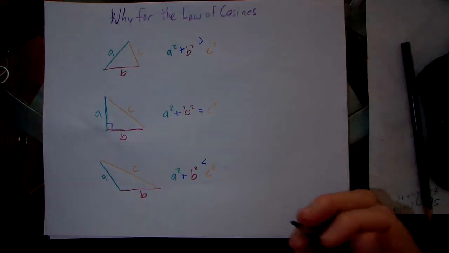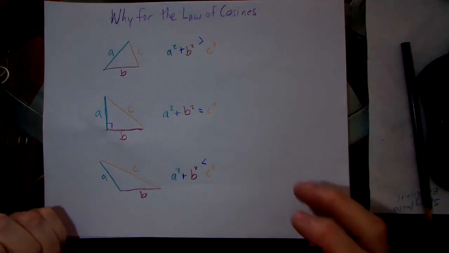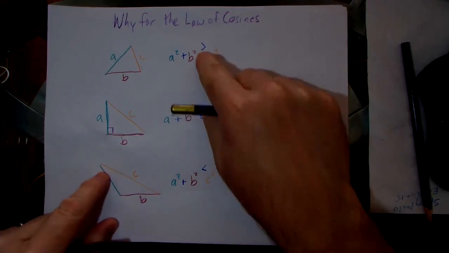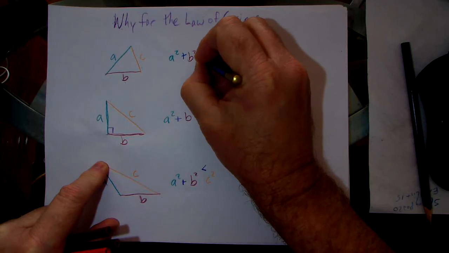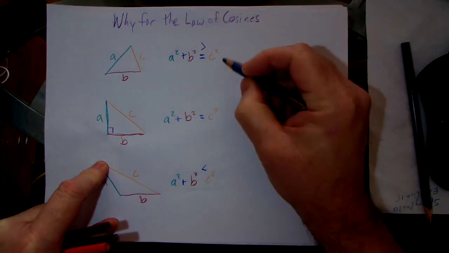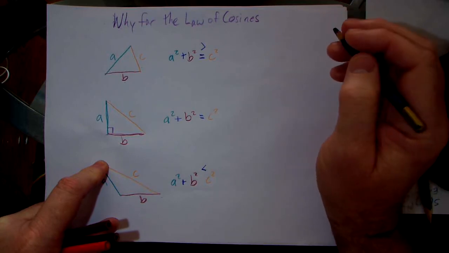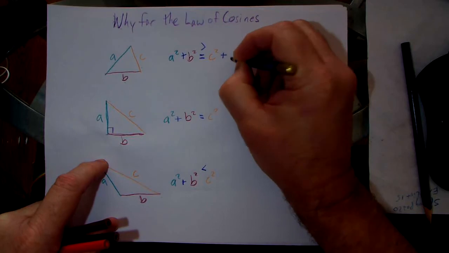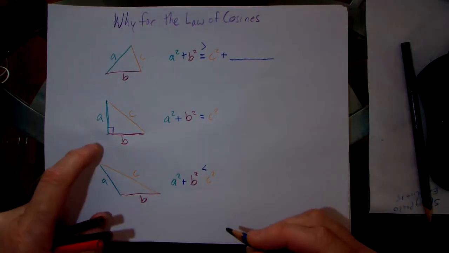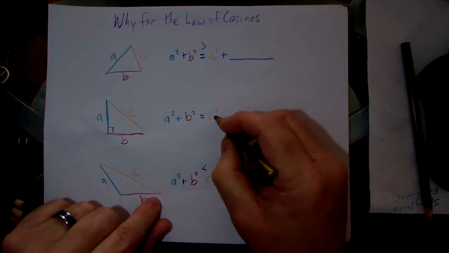Well, what happens if we're looking at this and saying, it seems like there ought to be some way to make it so that all three of these have an equal sign? Now, if we're going to have an equal sign, that means we need to add something to C squared in order to make it the same as the sum of A squared and B squared.